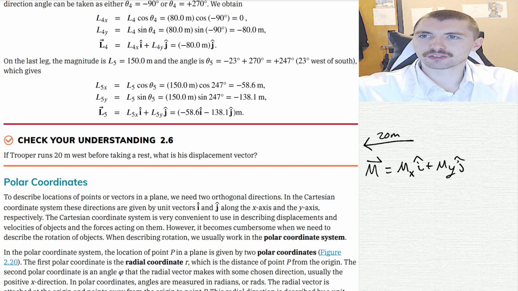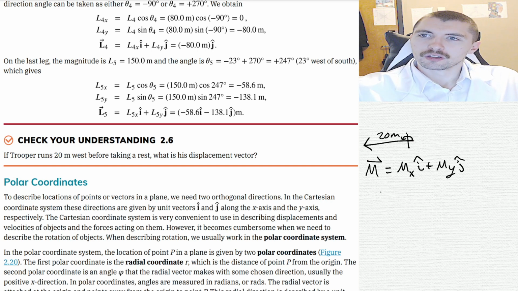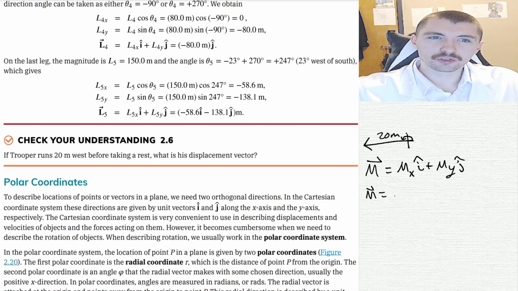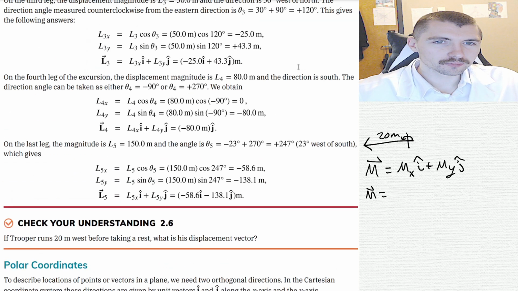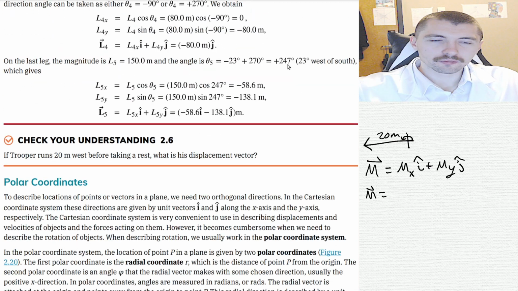So the magnitude of the x is... if it would be like this, 180. So m would be negative 20? I don't think so. I think it would just be 20 in this direction.